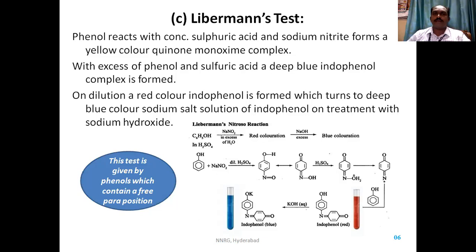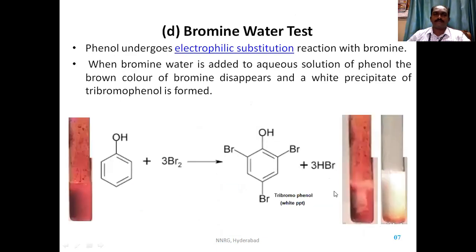So this Liebermann nitroso test is applicable for only such phenols which contain a free para position, because the para position needs to be attached to the electropositive nitrogen. If at all the para position is occupied, this test is not produced. So this is Liebermann's nitroso test.